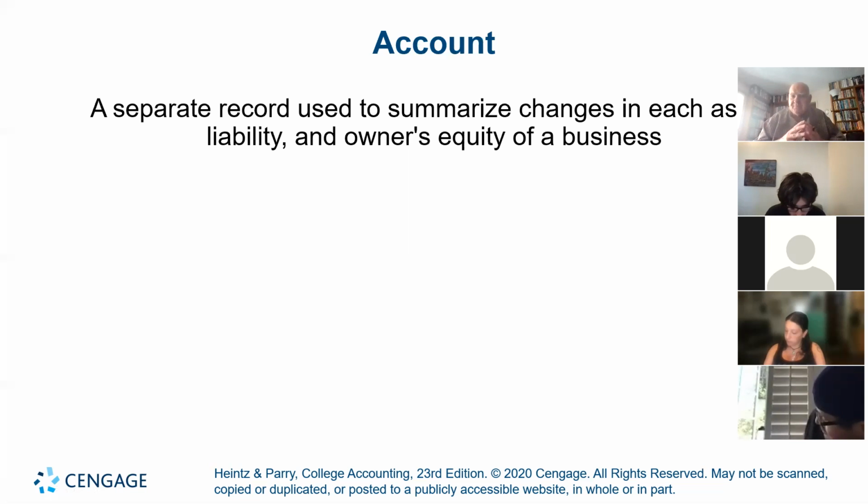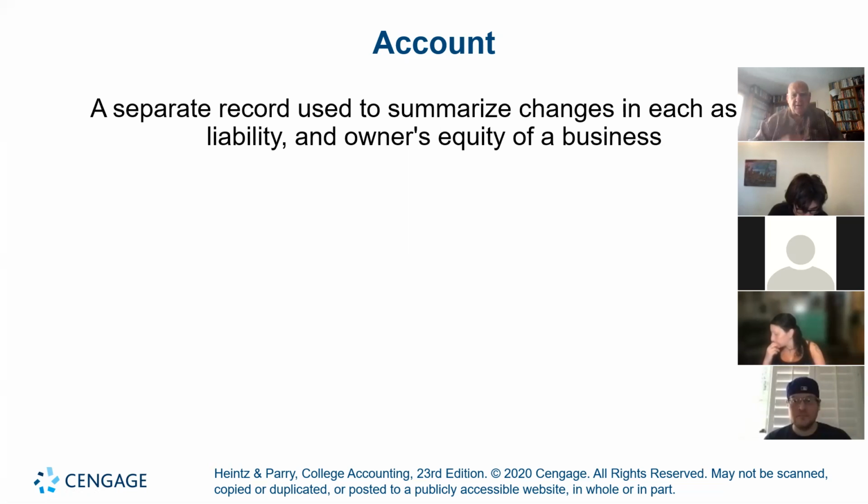What is an account? If you look at your book, if you have the hardcover, they have the chart of accounts we're using in the inside cover, or the back of the book. Companies choose which accounts they're going to use. Every company has a separate account for cash. We have to keep track of cash separately. Accounts receivable, inventory, accounts payable, notes payable.